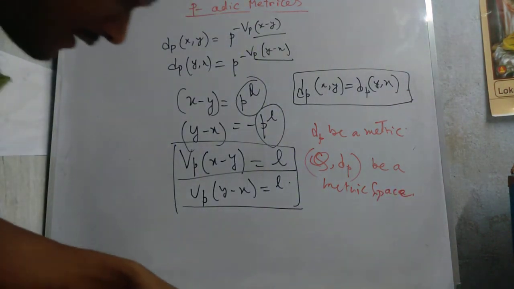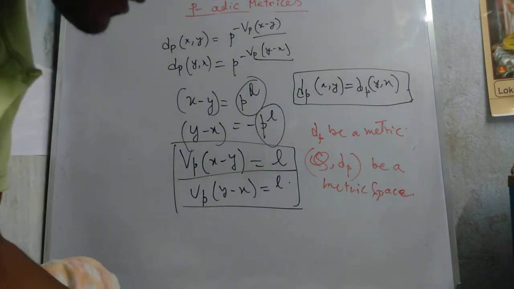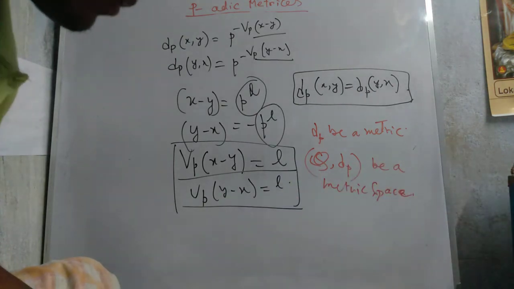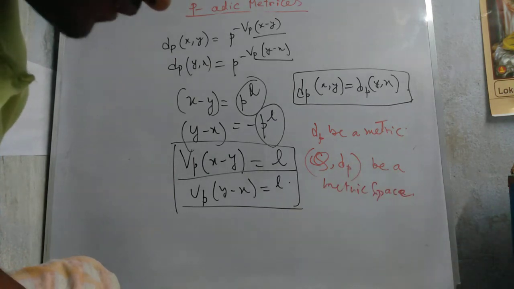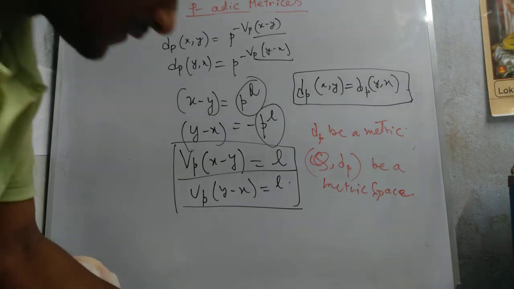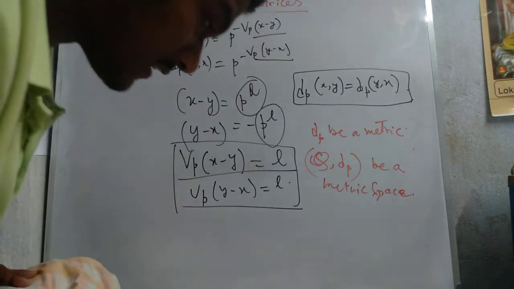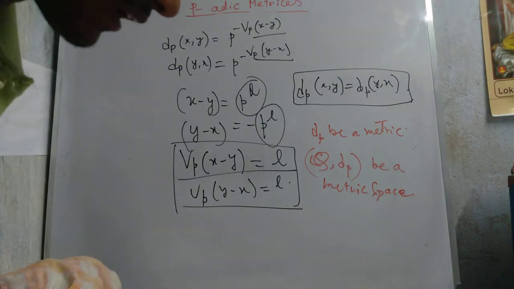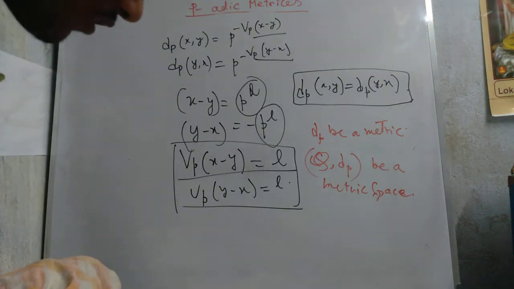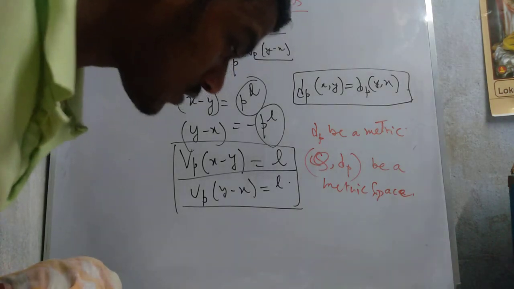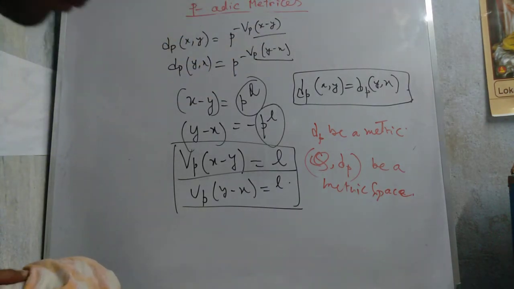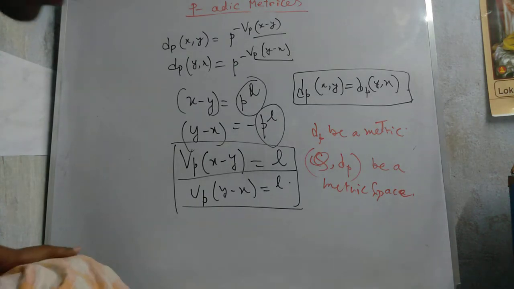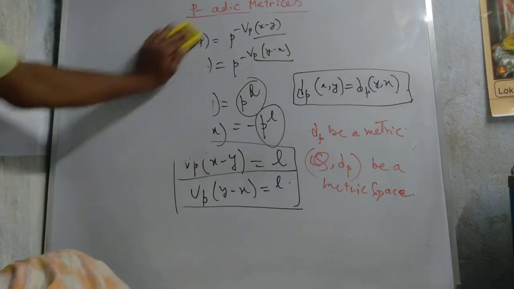Okay, next we discuss some example here given. What does it mean? That means here given p to the power n also converges in (Q, d_p) but not in (Q, d). How does this one happen?